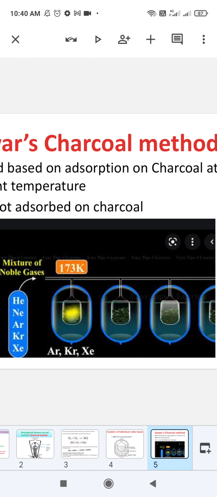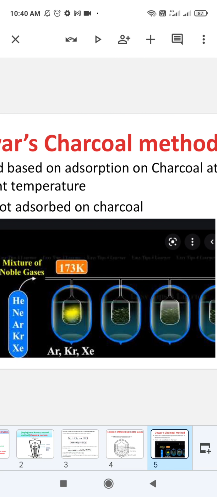The temperature is kept at 173 Kelvin, and the adsorption of argon, krypton and xenon occurs in this charcoal, and the remaining gas coming out of the Dewar flask consists of neon and helium.